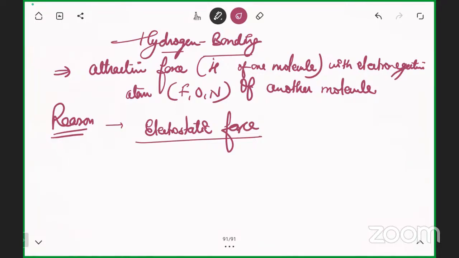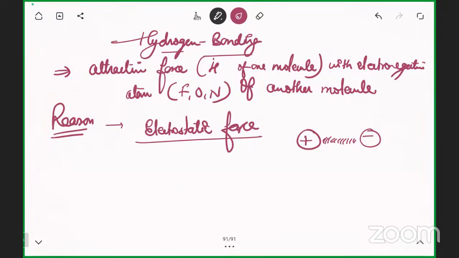Again, you guys are not revising. The positive charge was attracting the negative. I told you that when a positive charge attracts a negative charge, that force of attraction is known as electrostatic force of attraction.